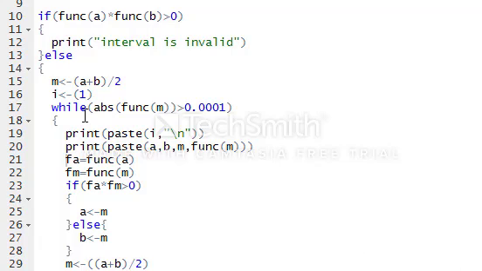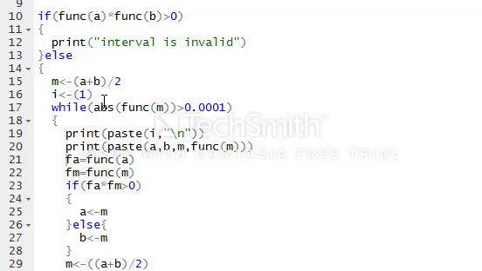Here is a while loop which keeps on calculating the midpoint of a and b, with replacement of a and b by the value of m, corresponding to the product of them coming out to be positive or negative.